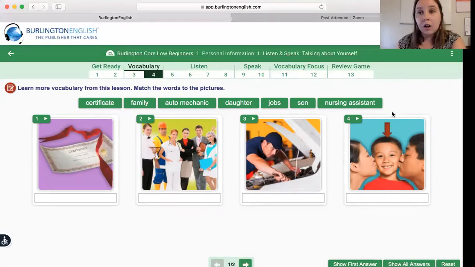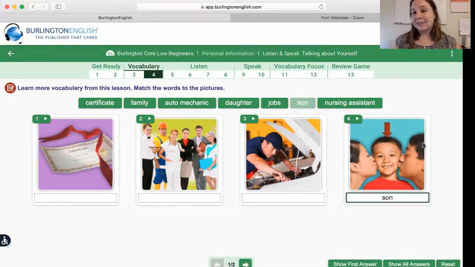What do we call it if they have a child who is a boy? We would say he is their son. So he is their son. So a mother and a father, if they have a child who is a boy, they would say he is their son.